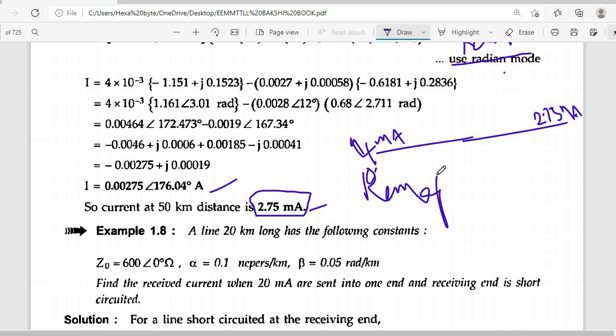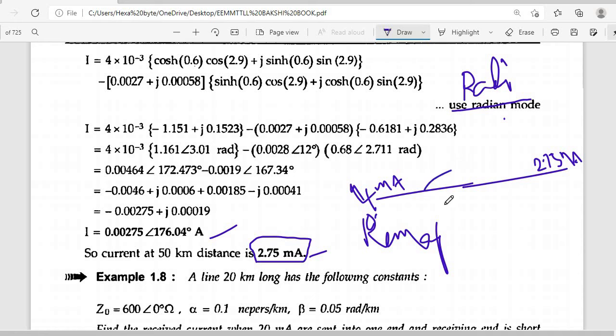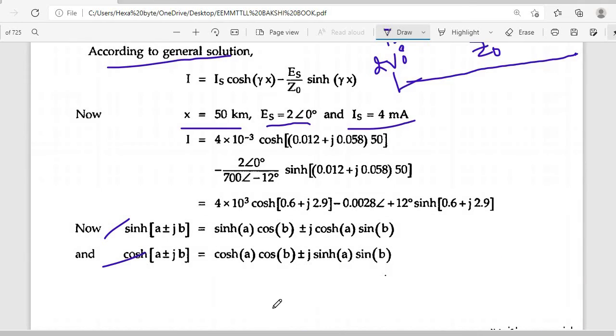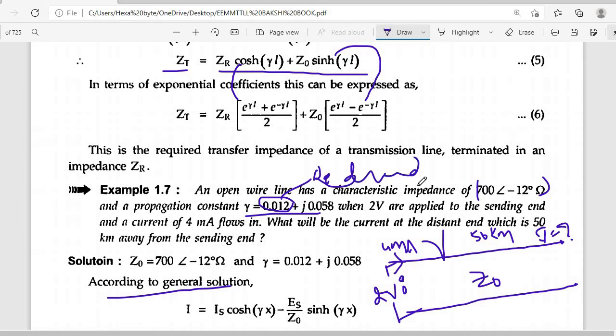The current gets attenuated, attenuated in the sense that loss is there. This transmission line has gamma, and that gamma equals the attenuation constant and the phase constant. This is the attenuation. Due to this attenuation, our current is going to be reduced. Our current is reduced due to this alpha, the attenuation of the transmission line.